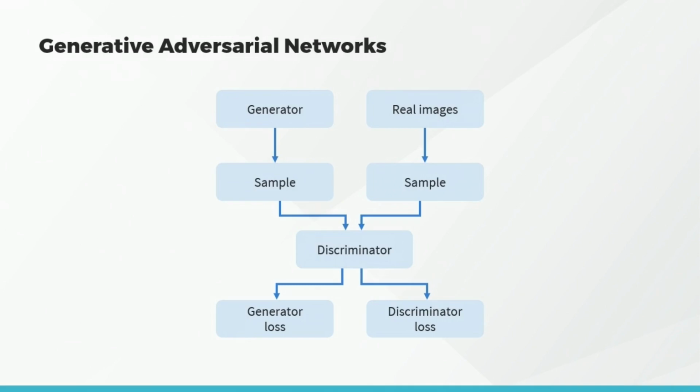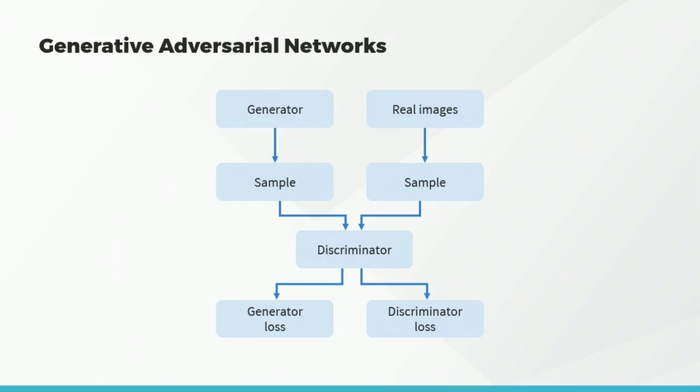So you can see here up at the top, I've got my generator and my real images, and I'll make samples out of my real images, which is my training data. And the generator will create a few images as well. I'll jumble them all up together in an array or a list, and I'll pass them along to the discriminator and ask it to identify which has been generated by the generator and which is training data, which is the real images.